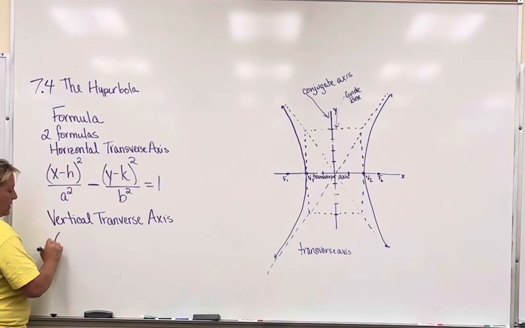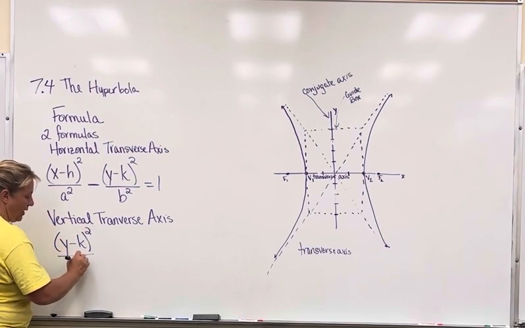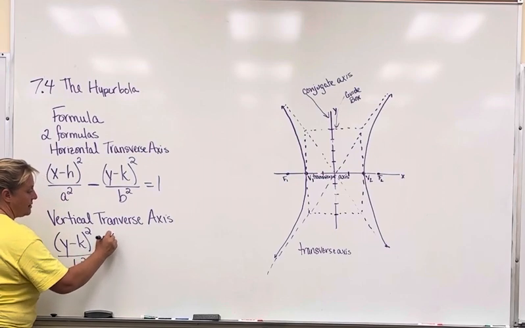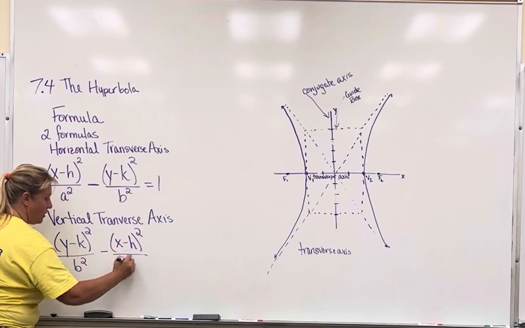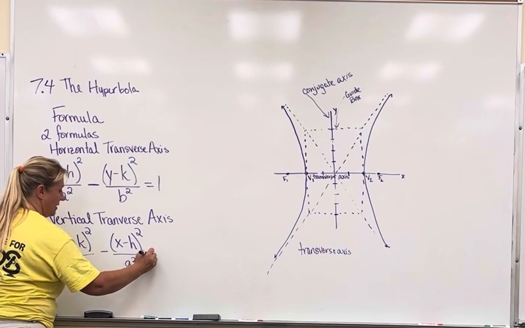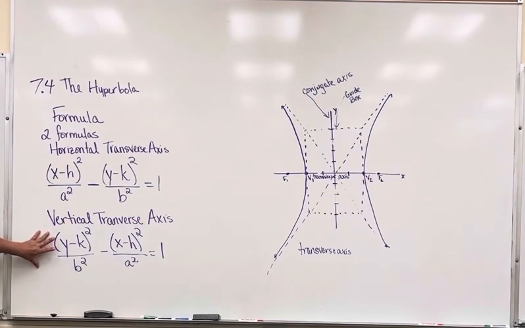Here's what the formula looks like here. (y minus k) squared over b squared minus (x minus h) squared over a squared equals 1. So if the y's come first, it means that your hyperbola is now opening up and down. So the order becomes very important.